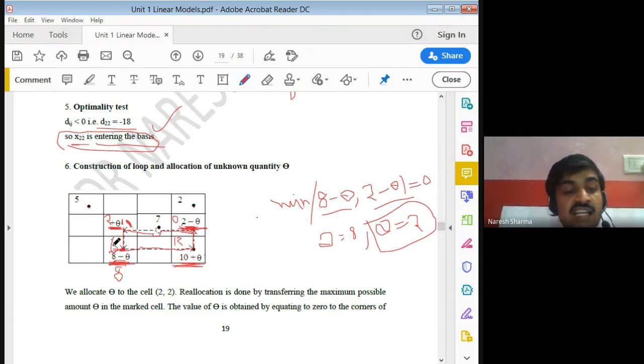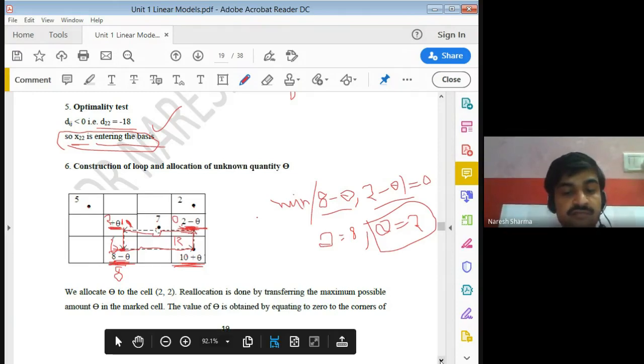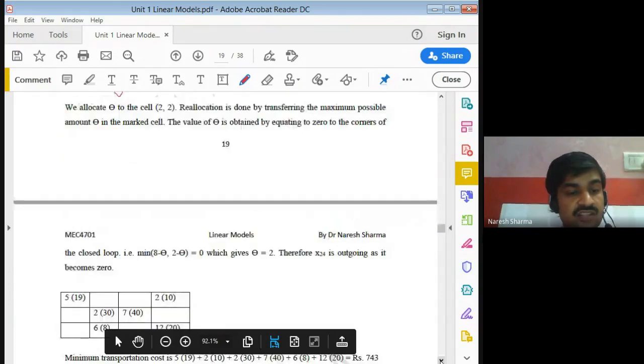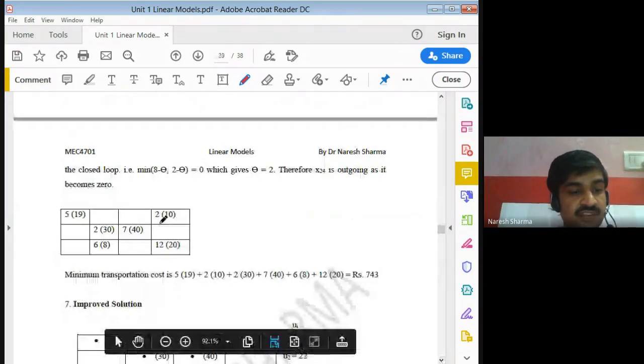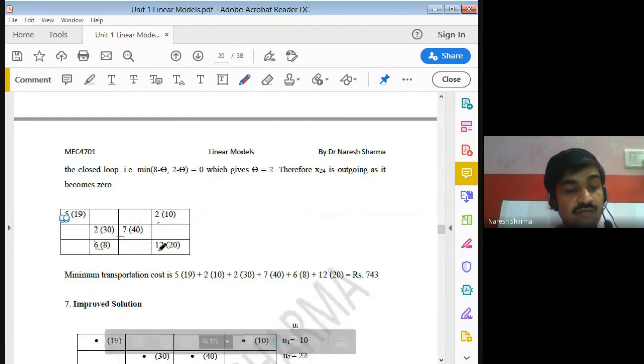So these are your new allocation now, or you say new approximation of the transportation problem. So once you do this, you can see the table is like this: 5, 2, 2, 7, 6, 12.